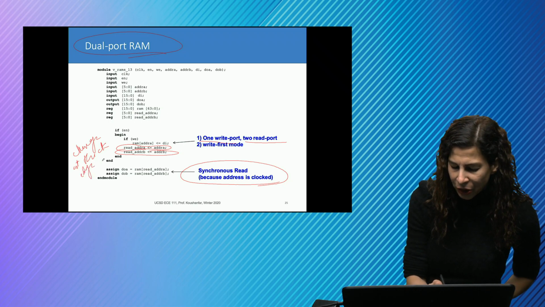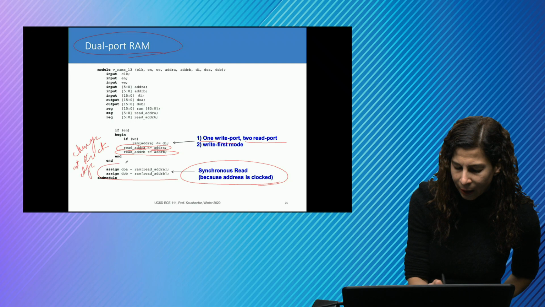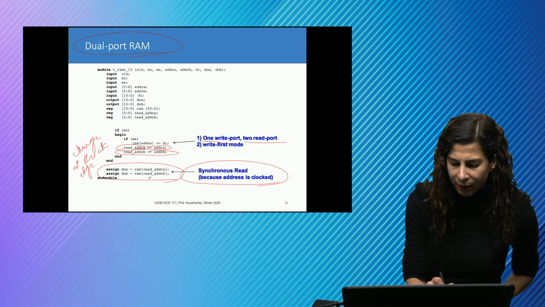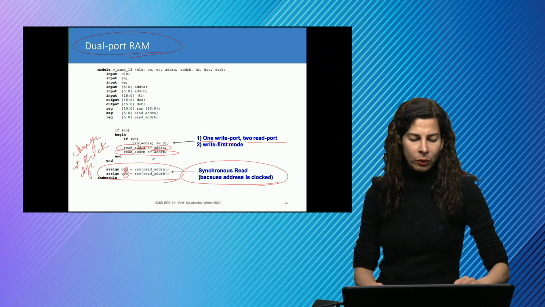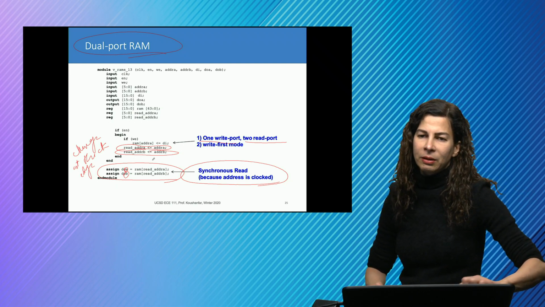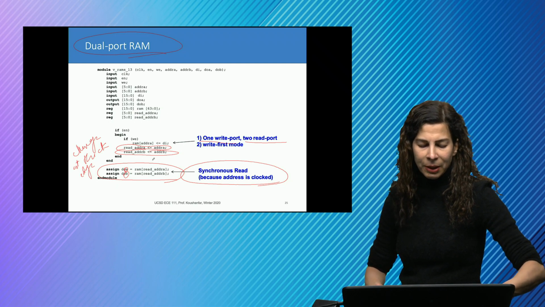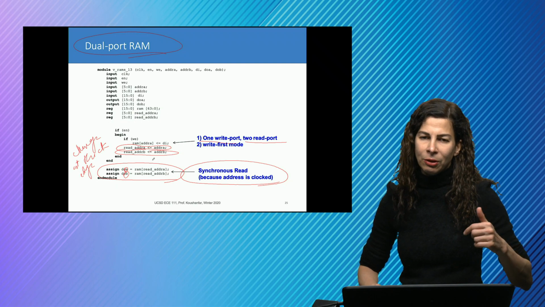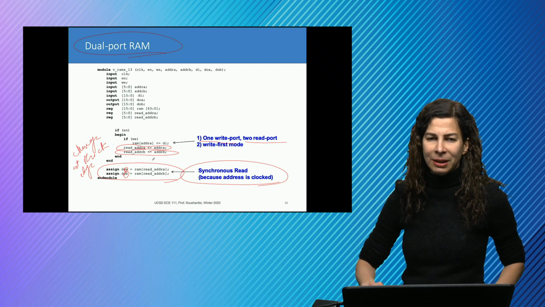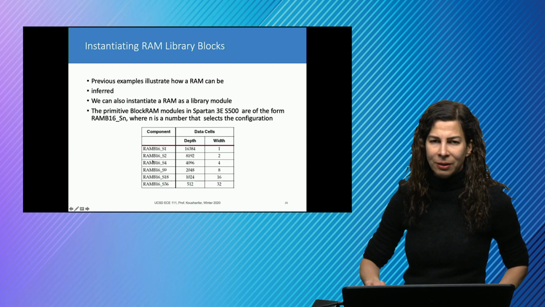And once this changes, then we assign output port A and output port B to these two addresses. So even though this is a blocking assignment, because the addresses are only changing at the edge of the clock, we are in effect making a synchronous read in this case.